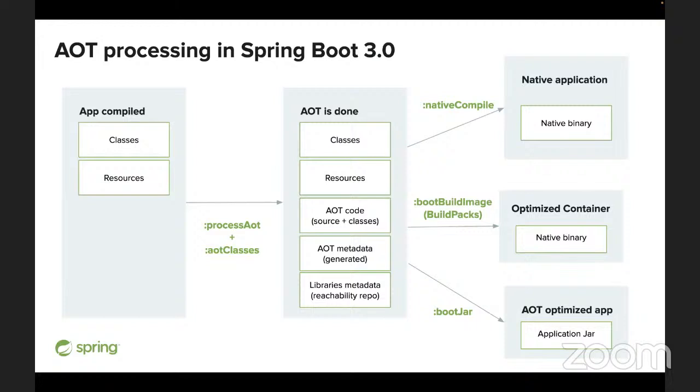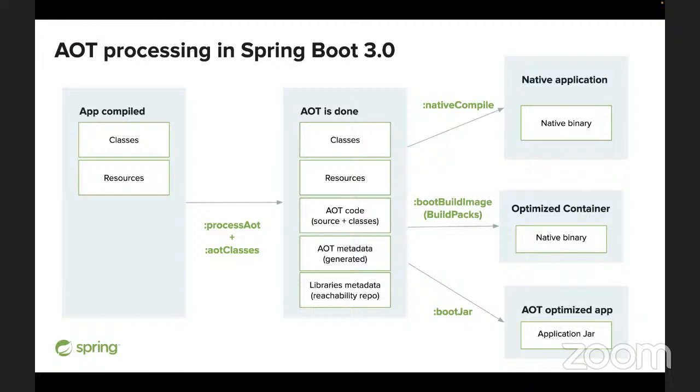And then the last one, which we haven't been spending a lot of time on, but this is going to be a topic for the feature releases to come, is to use that on the JVM. So to run your app with the AOT optimizations on the JVM, which means faster startup time, less memory.